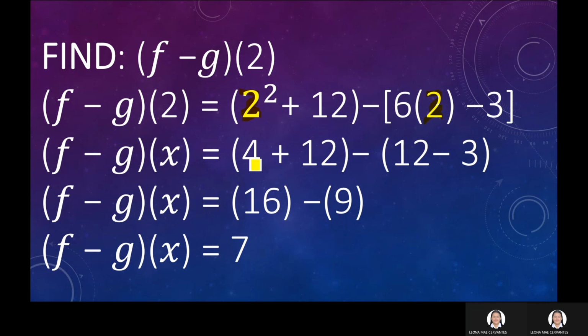So 4 plus 12 is equal to 16, minus 12 minus 3 is equal to 9. So 16 minus 9 is equal to 7. So f minus g of x, if x is equal to 2, is equal to 7.